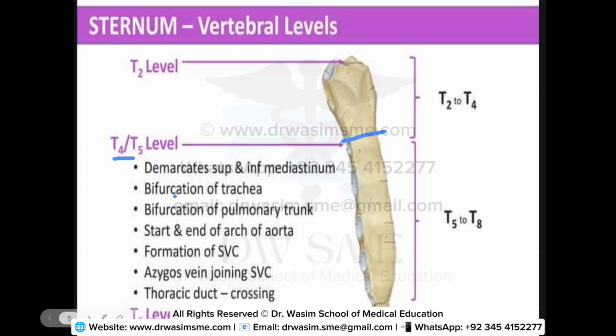It is a landmark for the bifurcation of the trachea, bifurcation of the pulmonary trunk, starting and ending of the arch of aorta, formation of the superior vena cava, azygous vein entering into the superior vena cava, and the thoracic duct crossing towards the lateral side at T5 level. We will talk about this when we discuss the thoracic duct as well, but you need to know all these important structures related to the T4 and T5 level.